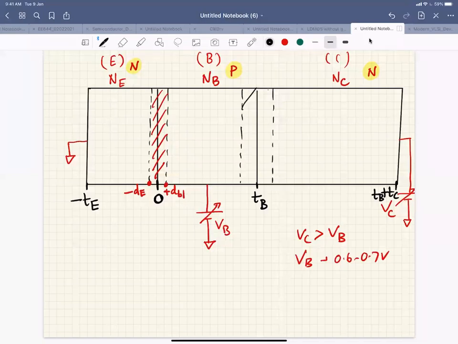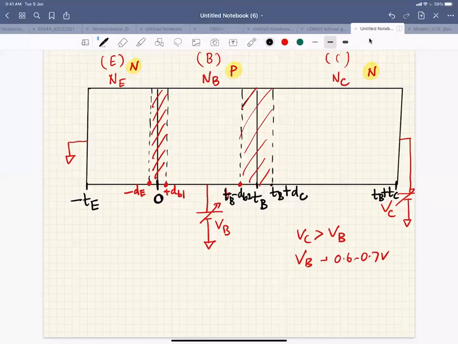This is my depletion width, and this is TB minus DB2. DB2 is the depletion width in the base side, and this is TB plus DC.